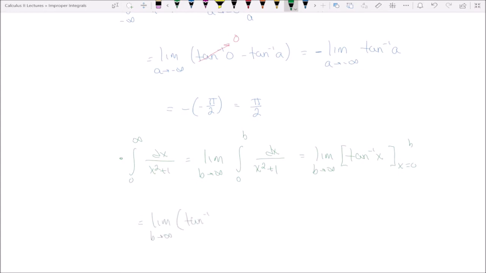Okay, so we get inverse tangent of b minus the inverse tangent of 0. And again, inverse tangent of 0 is 0. So we're left with the limit as b approaches infinity of inverse tangent of b, and that is pi over 2.